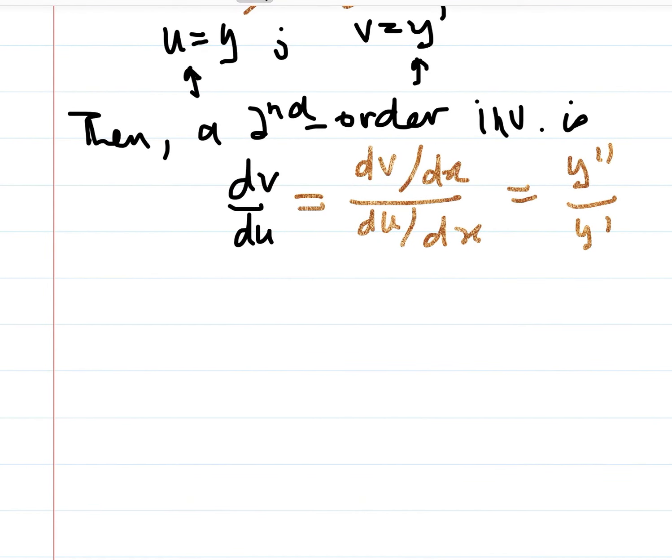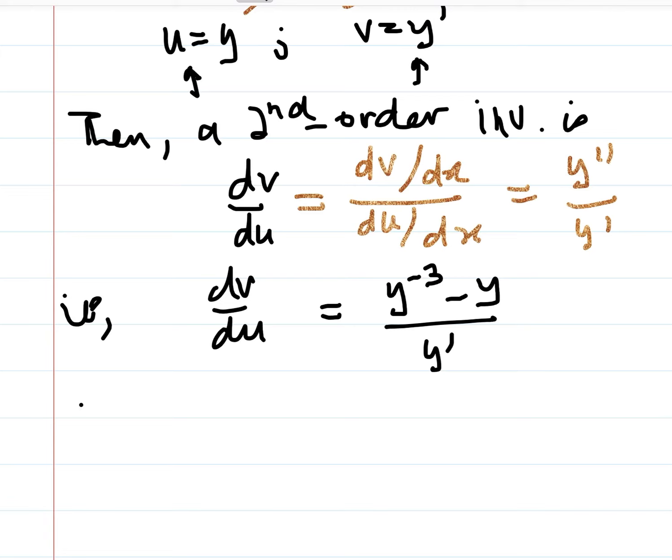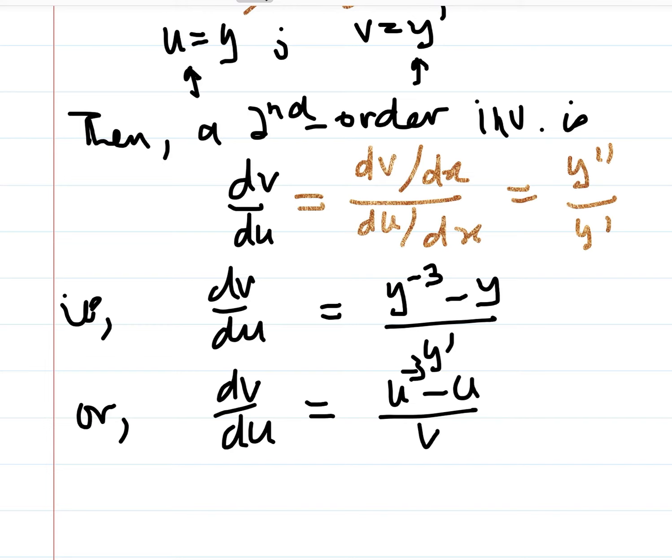So now we can replace y double dashed. Y double dashed is y to the minus 3 minus y, substituting the equation, over y dashed. And now, if you replace everything in terms of the invariants, this is u to the minus 3 minus u over v. So this then is a first order ordinary differential equation in u and v, which obviously can be solved very easily by variables separable, etc.